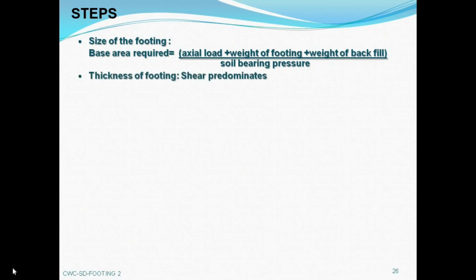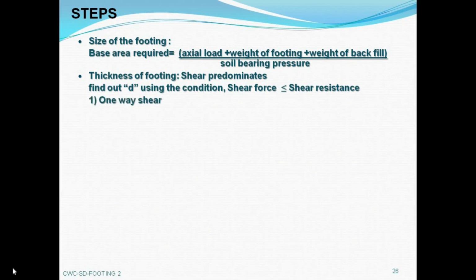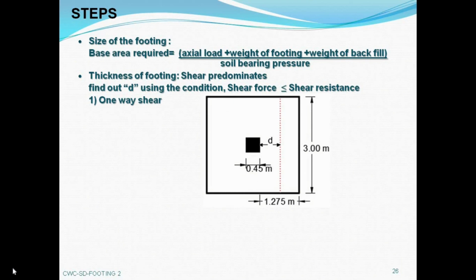Even though fixing of thickness is governed by flexure and shear considerations, generally shear predominates. So, we have to find out the effective depth using the condition shear force less than or equal to shear resistance. Under this, first let us consider the one-way shear, in which critical section is located at a distance of d from the face of the column.